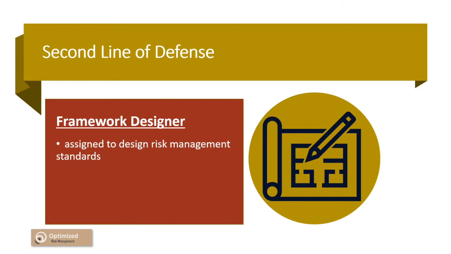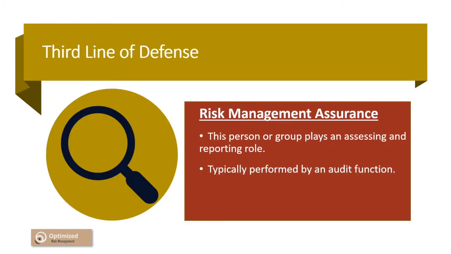The third line of defense is intended to help you understand where improvements may be needed to your risk management framework that was designed by the second line of defense and the execution of the framework by the first line of defense. This person or group plays an assessing and reporting role and should have the highest level of independence.